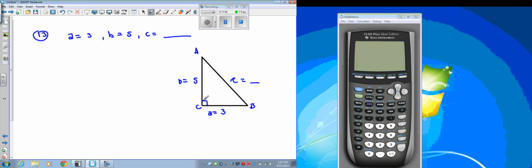So in order to get the trig functions, it says find the unknown length using the Pythagorean theorem, and then find the values of the 6 trigonometric functions of angle B. All right. So how do we calculate C?